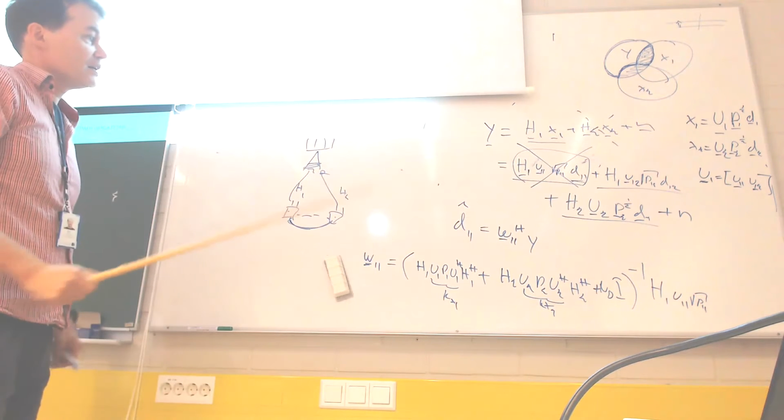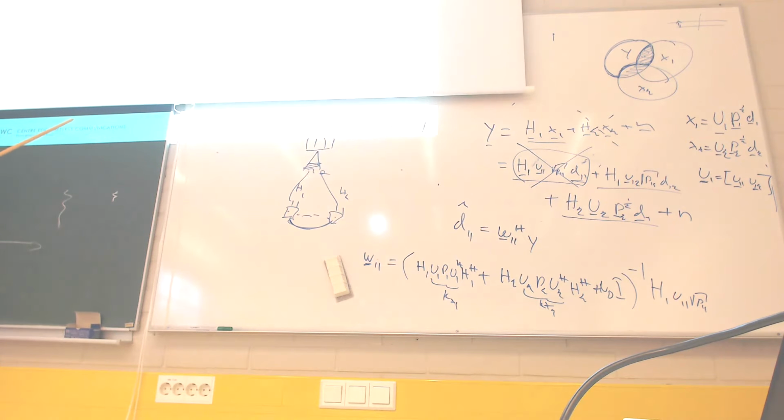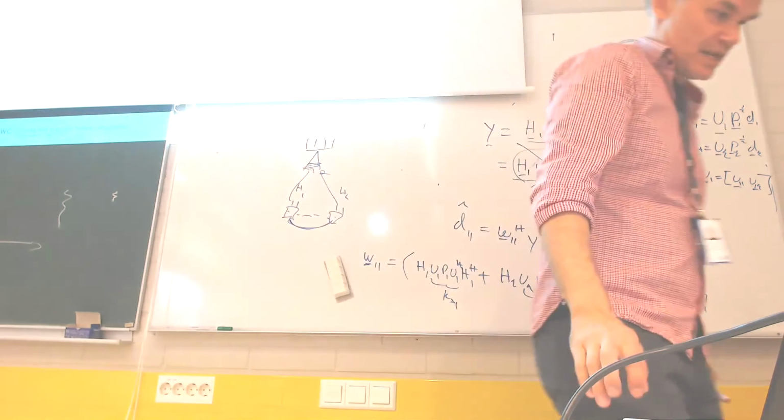And finally, we are subtracting all the interference from that last stream to be decoded, and the MMSE receiver actually becomes the same as the matched filter because there's no interference there. So this is the reception strategy.